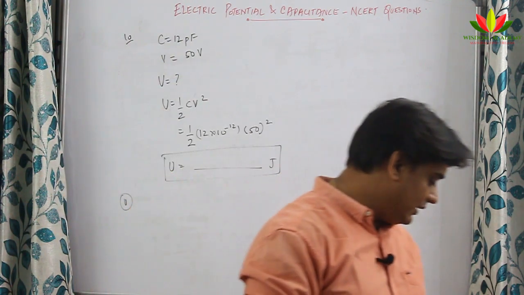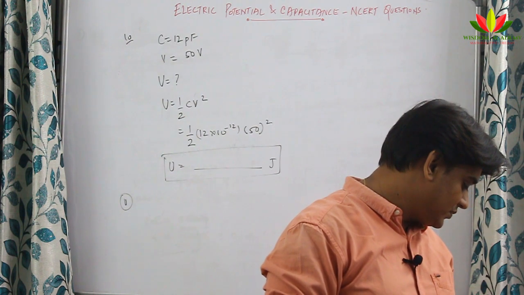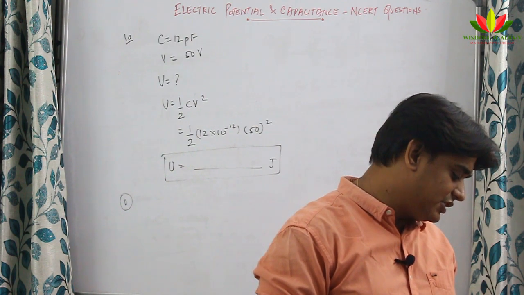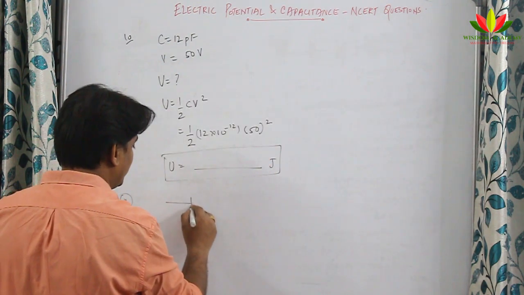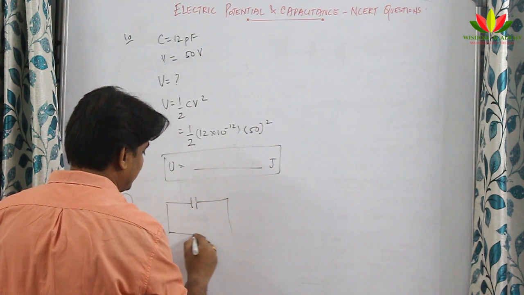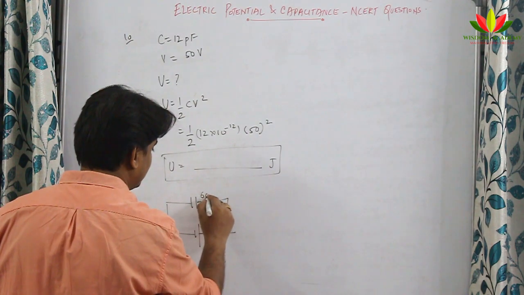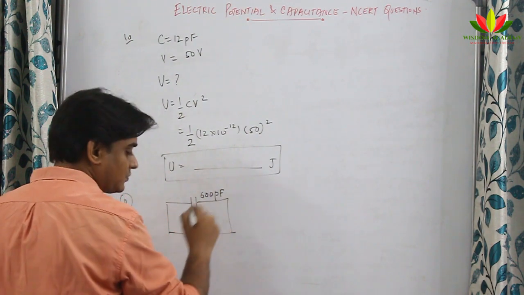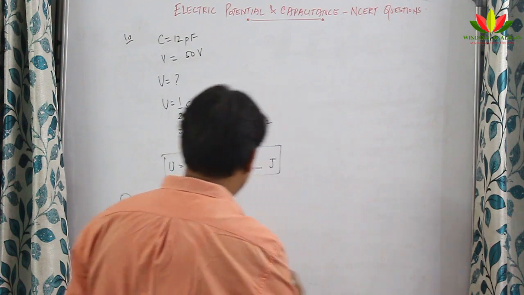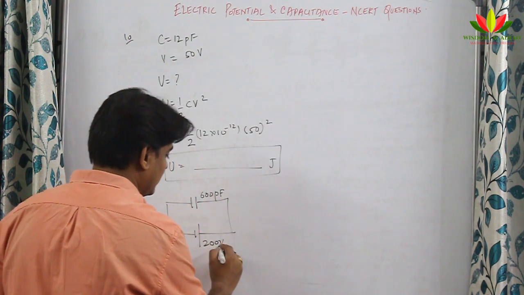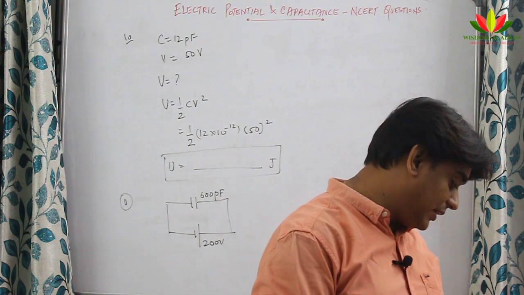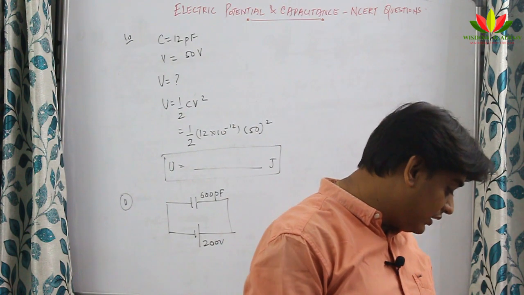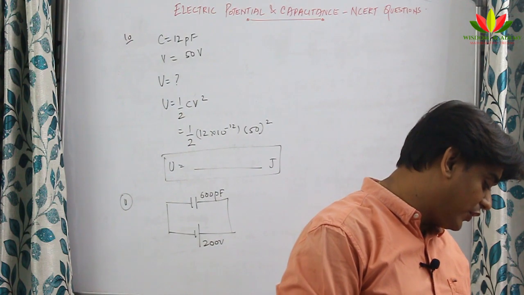Question number 11 is something like this. A 600 picofarad capacitor is charged by a 200 volt supply. Then they are saying that it is disconnected from the supply and connected to another uncharged 600 picofarad capacitor.